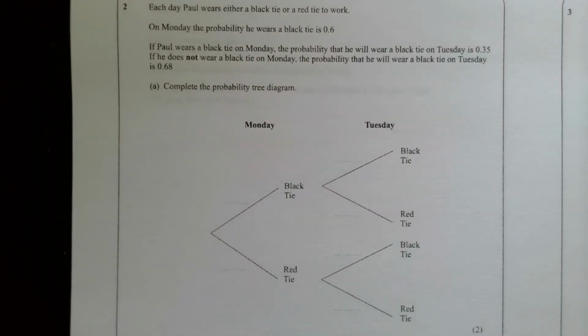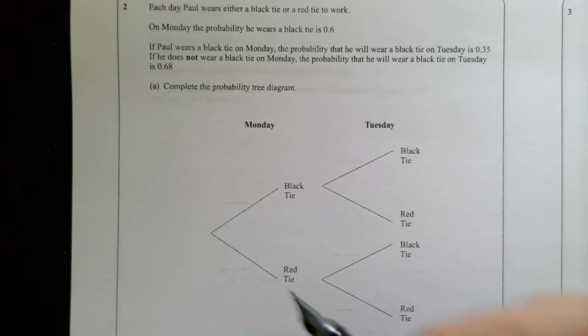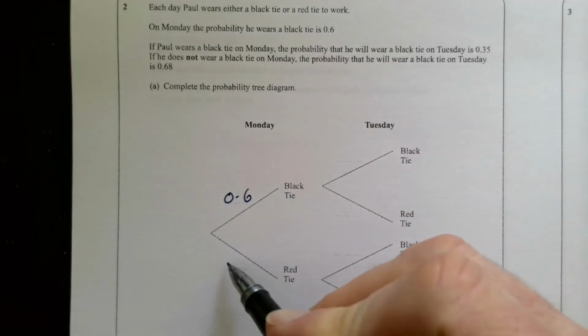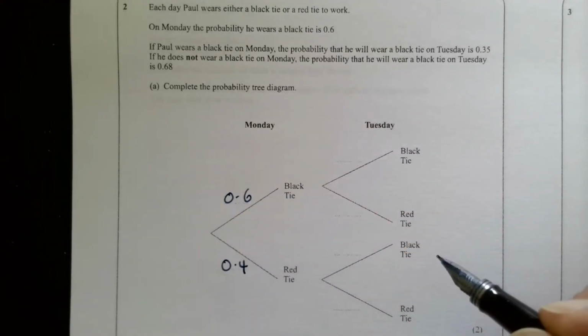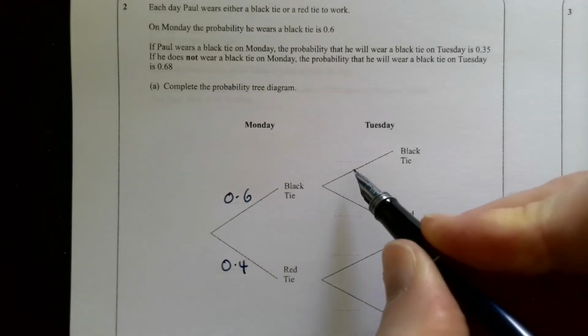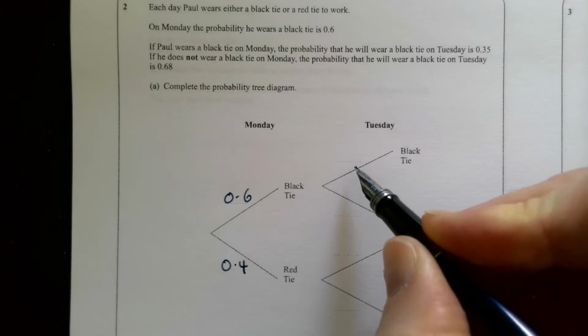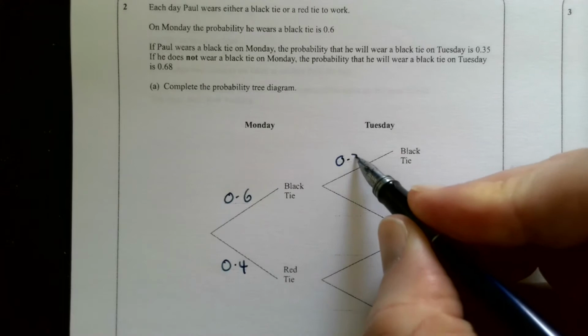So if he wears a black tie on Monday, the probability is 0.6. So that means a red tie has to be 0.4 because he's only got black and red ties. Then if he wears a black tie on Monday, the probability to wear a black tie on Tuesday is 0.35.